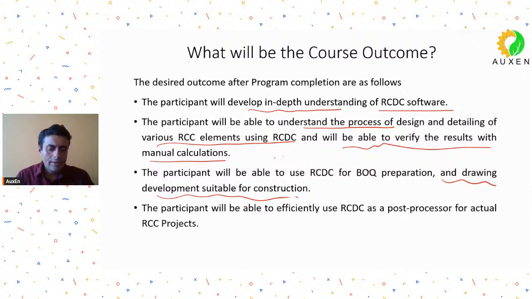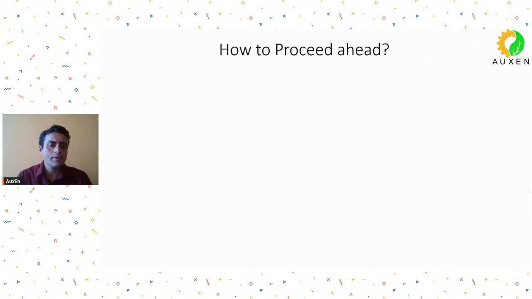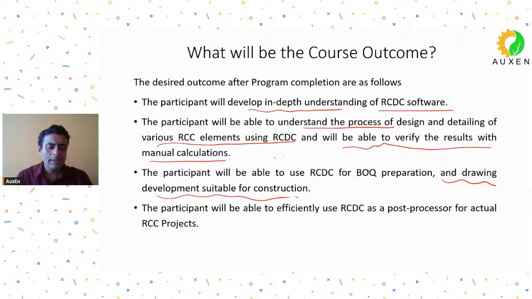And the final and most important outcome will be that we wish to efficiently use RCDC as a post processor for our actual RCC projects. So these are the expected outcomes that we wish to achieve through this course, and as a participant, you should also expect these outcomes to be met once we complete this course.